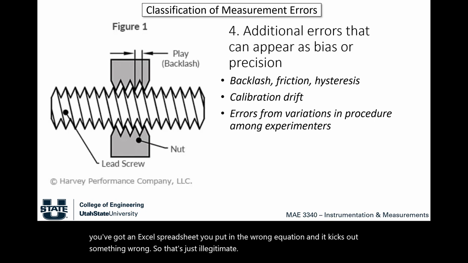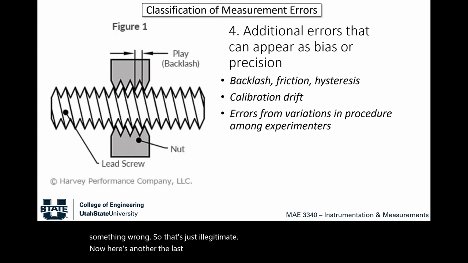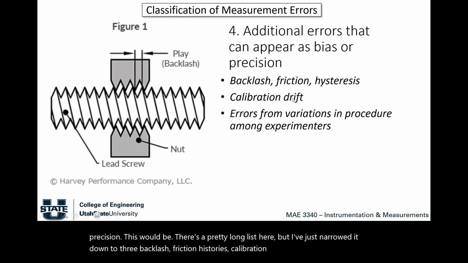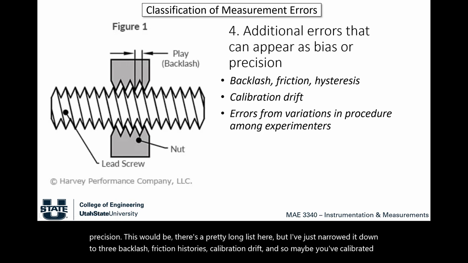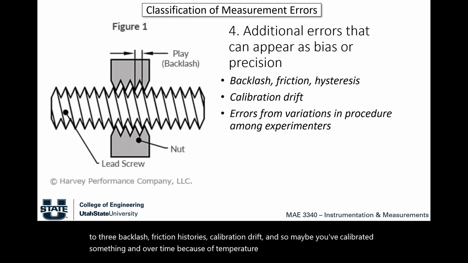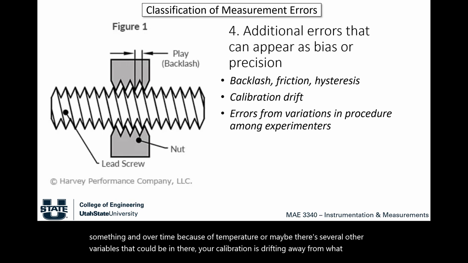Now here's the last one, additional errors that can appear as bias or precision. There's a pretty long list here, but I've just narrowed it down to 3. Backlash, friction, hysteresis, calibration drift. So maybe you've calibrated something and over time, because of temperature, or maybe there are several other variables that could be in there, your calibration is drifting away from what the true value was.